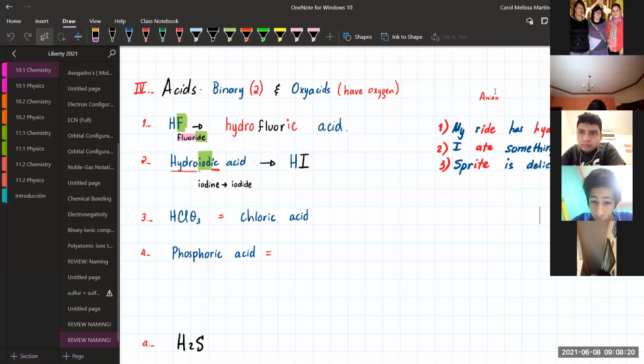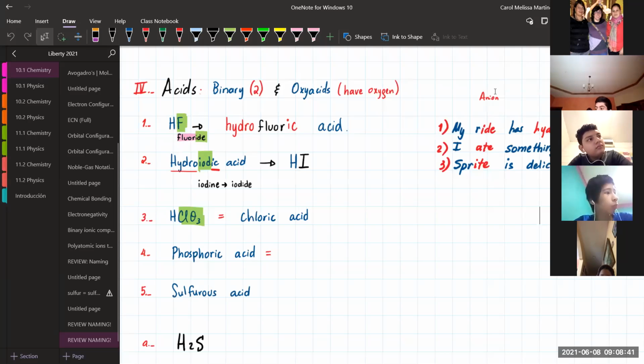Now take a look at this one. I'm gonna write one more example here. Okay, so the first two were binary because they had the hydro prefix, but the other three are oxyacids because they have oxygen.